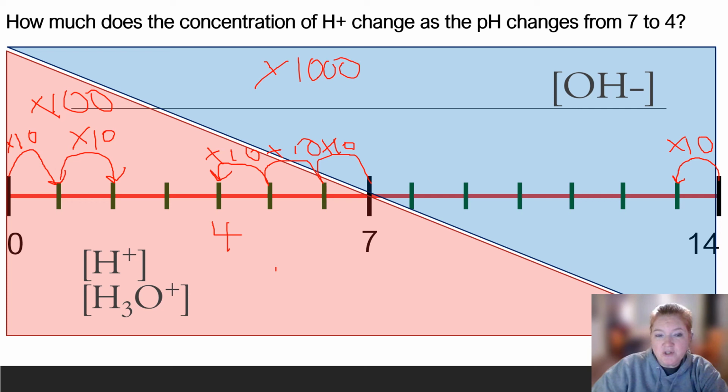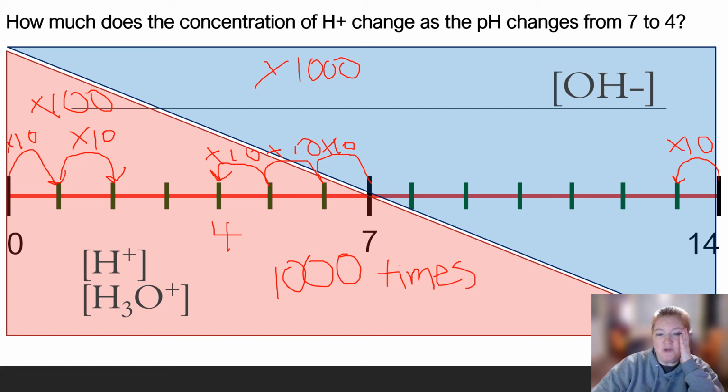So the concentration changed by a factor of 1,000. And what happened to the H pluses? As we go this way, there's a 1,000 times increase in H plus. We got closer to 0, so H pluses are increasing. When we go closer to 14, H pluses would be decreasing.